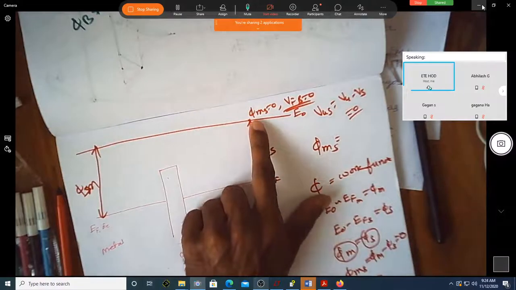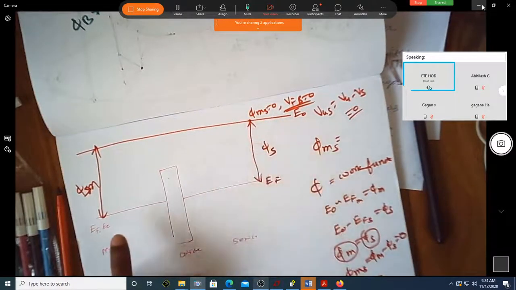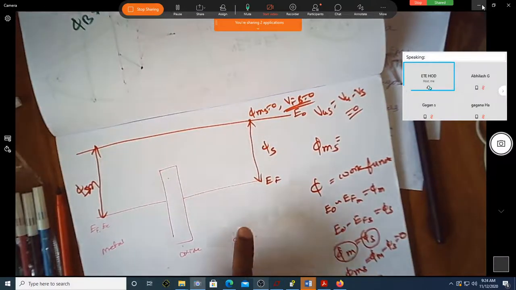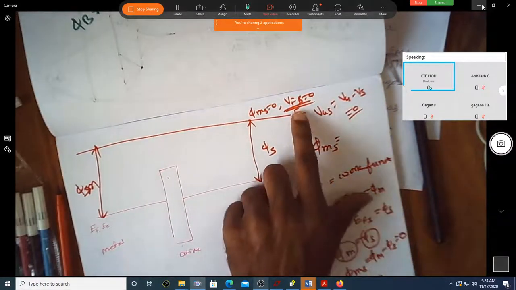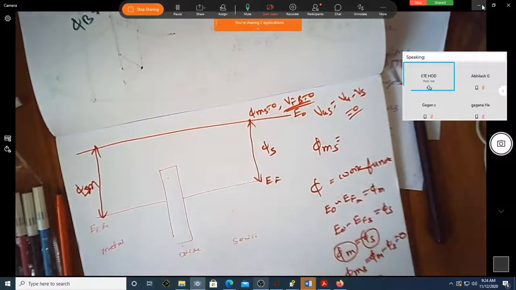If the work function difference is not there between the metal and the semiconductor, then the flat band voltage is 0, meaning that without applying any voltage, the band is already flat. Will it make sense? Okay, fine.